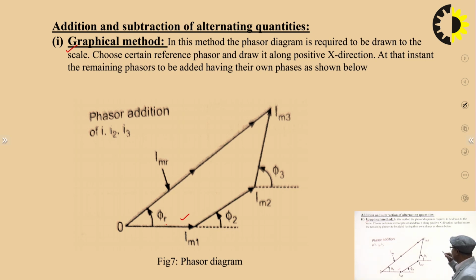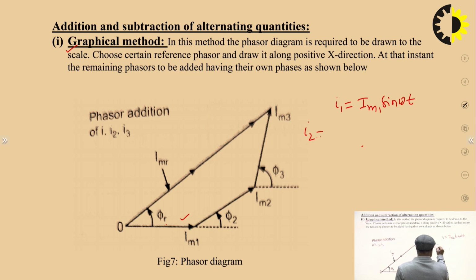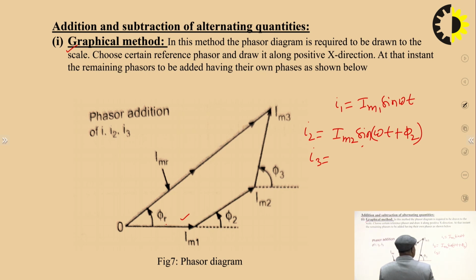Suppose I have three quantities: I1 is equal to Im1 sin omega t, I2 is equal to Im2 sin(omega t plus phi 2), and I3 is equal to Im3 sin(omega t plus phi 3).